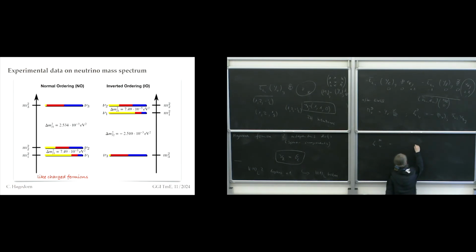What happens? I would get the ν_L bar, I don't change, but instead of having ν_Rj, I can express this in terms of the left-handed charge conjugate.